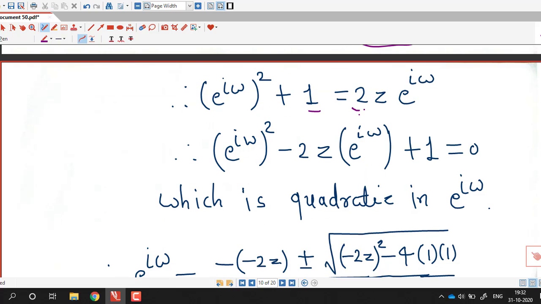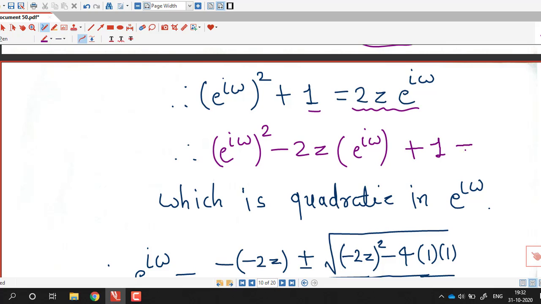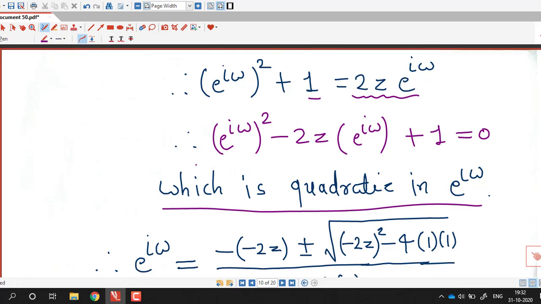Then we transfer this term to the left hand side and obtain a quadratic equation in the variable e raised to iw: e raised to iw square minus 2z e raised to iw plus 1 equal to 0.